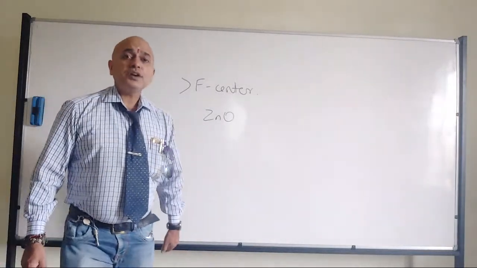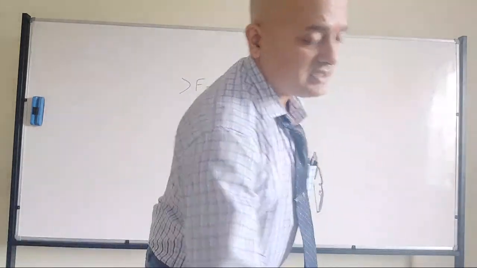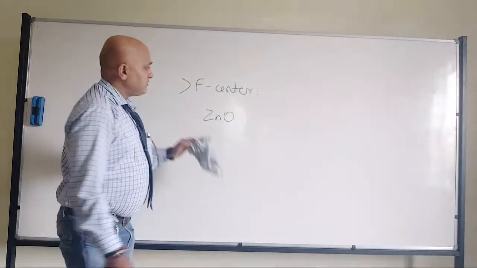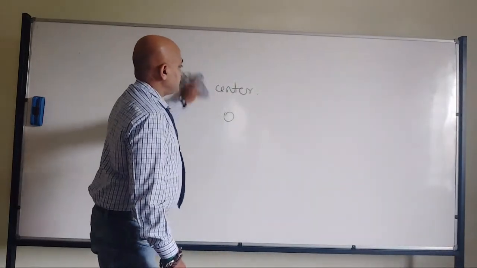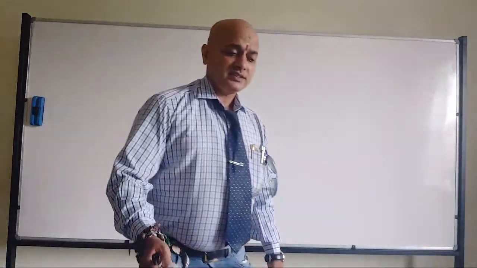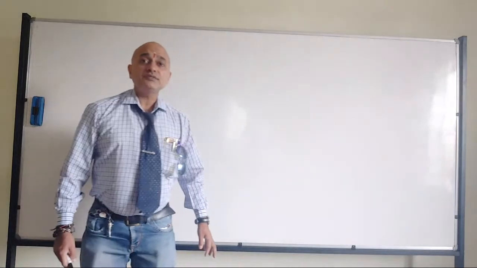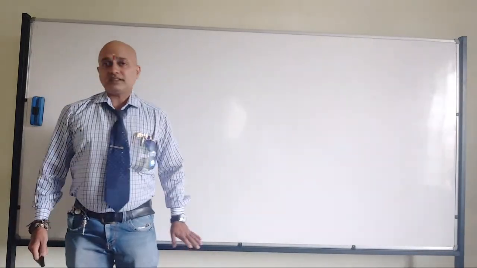Now when it comes to metal deficiency, one example we have discussed is iron oxide, which is the best example for the metal deficiency defect. So these are the things which we discussed in the last class.